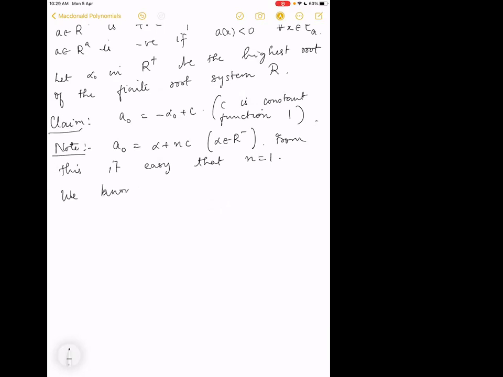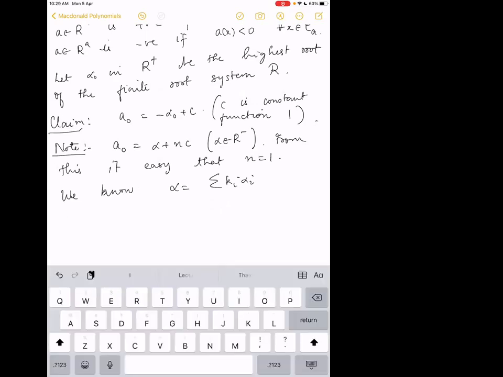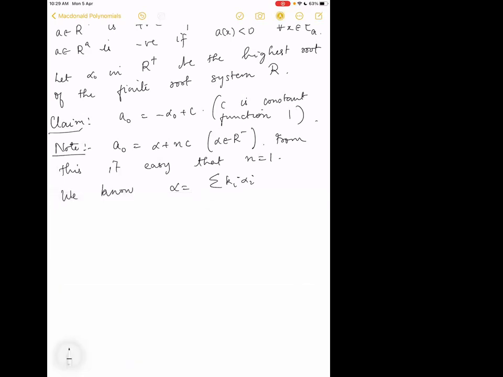We know that alpha is some sum of ki alpha i, and one of the properties of the highest root, you can check this in Bourbaki, is that... I should first write down what my highest root looks like.